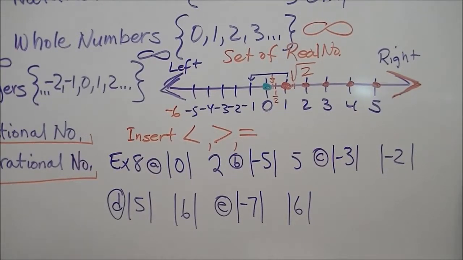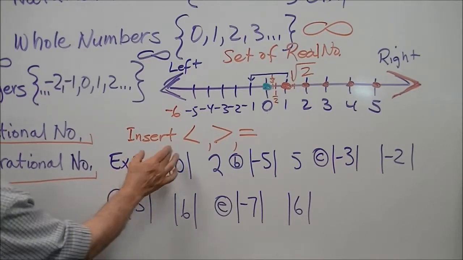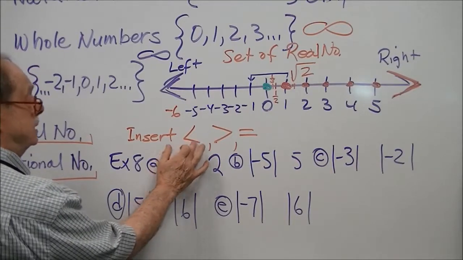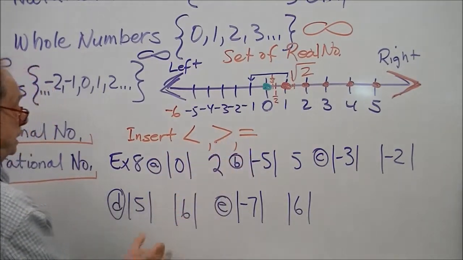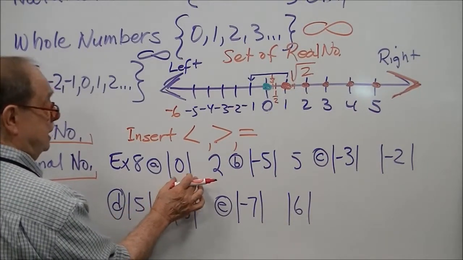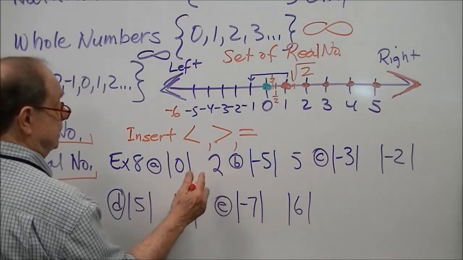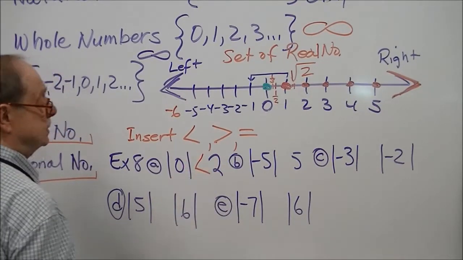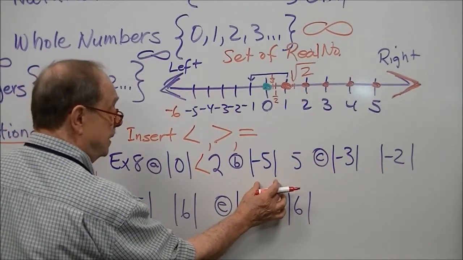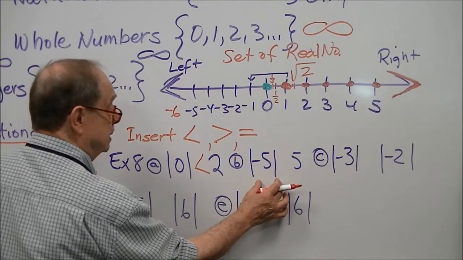We'll have some of those a little later. All right, going on now to the last example. We're asked to insert an inequality sign or an equal sign, less than, greater than, equal, into these 5 examples. Now, absolute value of 0 is 0. 0 is less than 2. The absolute value of -5 is 5.